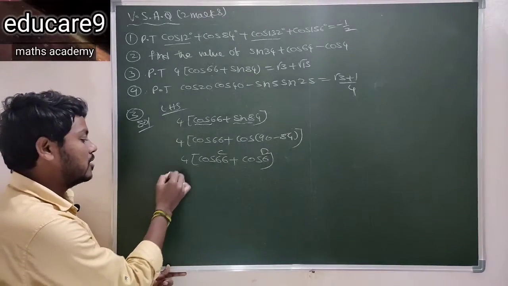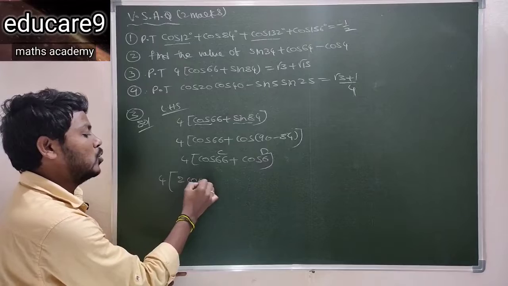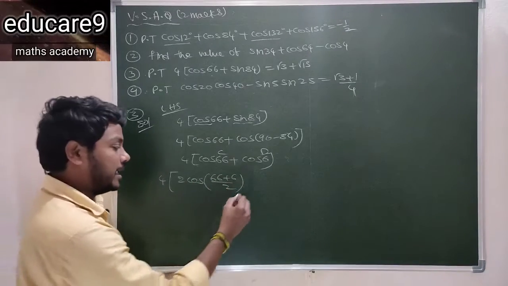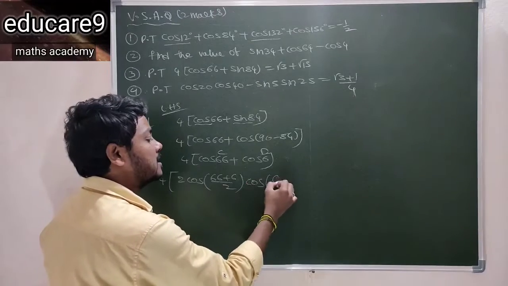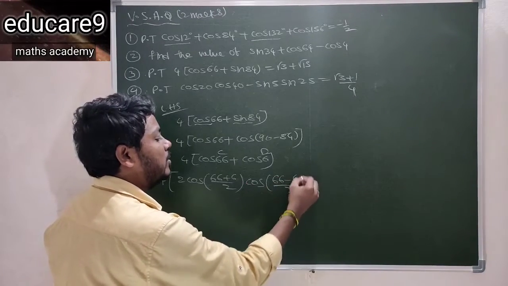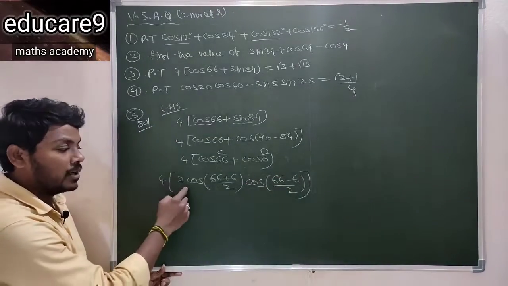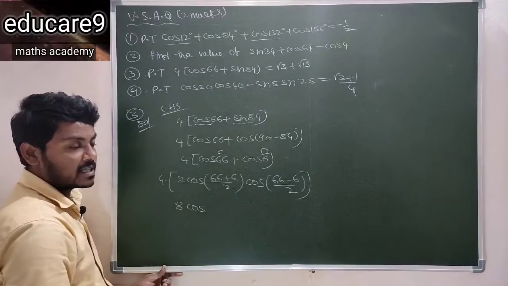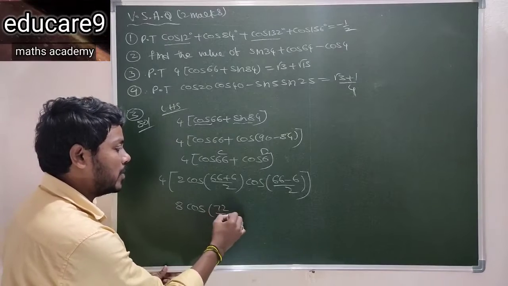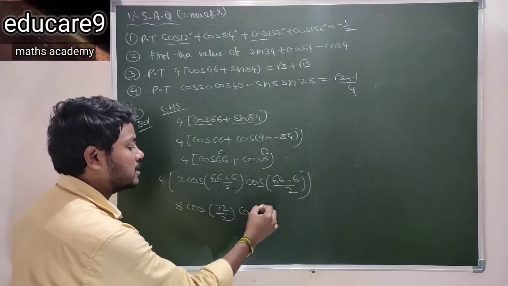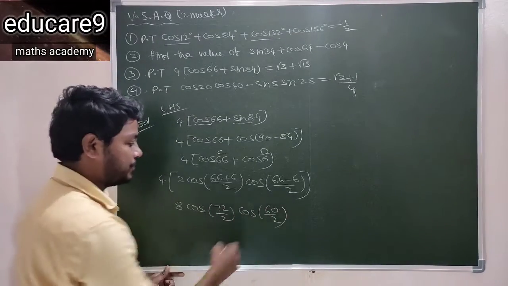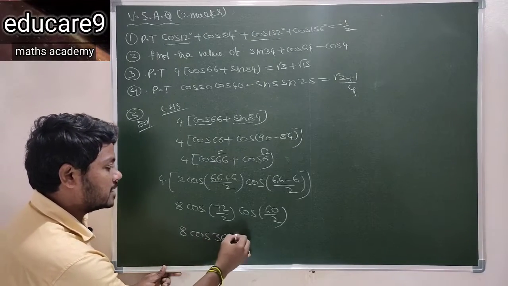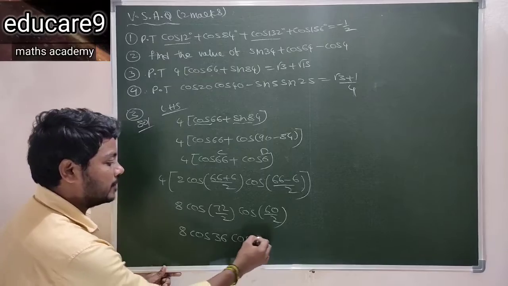So what is that? 4 into 2 cos (C plus D) by 2 and cos (C minus D) by 2. So 4 into 2 is 8. 8 into cos 66 plus 6, 72 by 2 and cos 60 by 2. So this is 8 cos 36 cos 30.